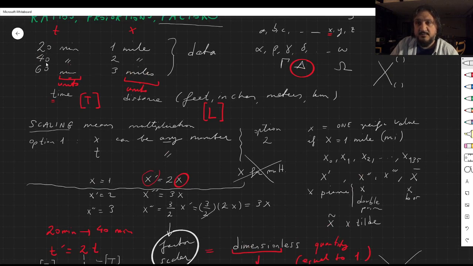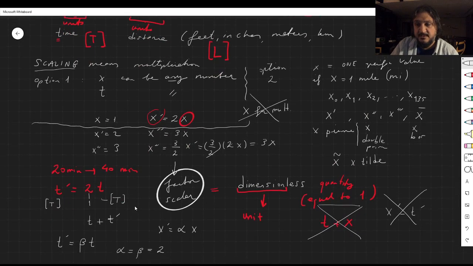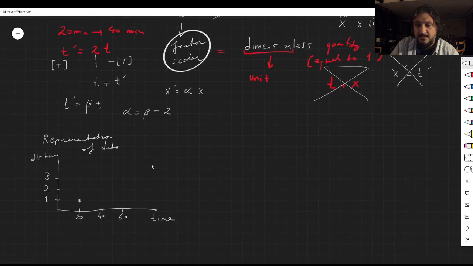The second row, 40 versus 2, is another point. 40 minutes and 2 miles, and then 60 minutes and 3 miles. Okay, they all line up actually, right? Now this representation is called the graphical representation, and it has some advantages.